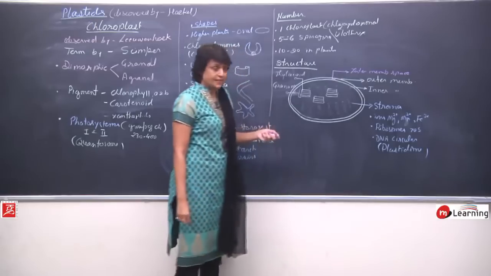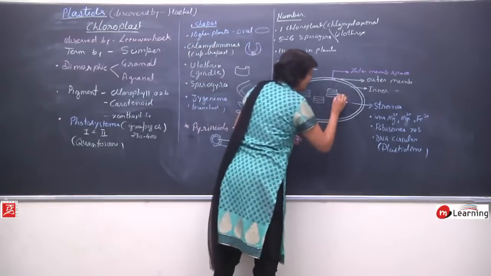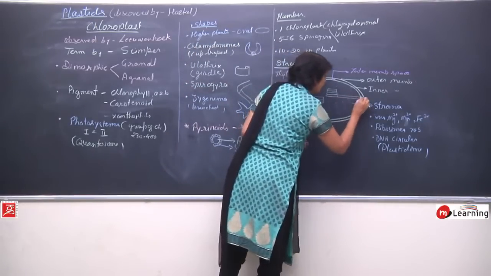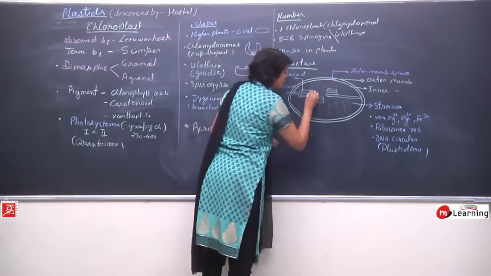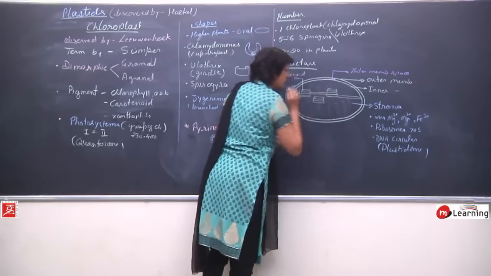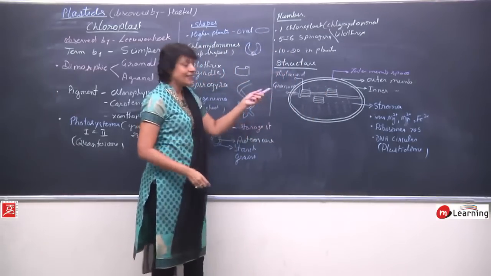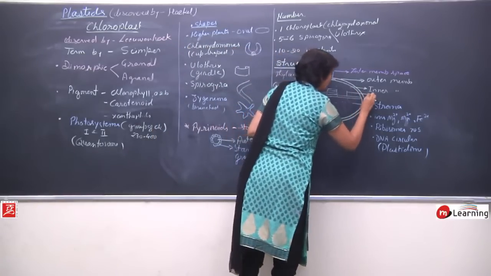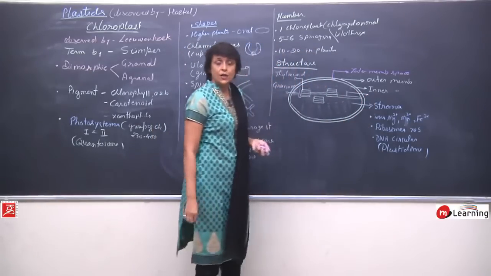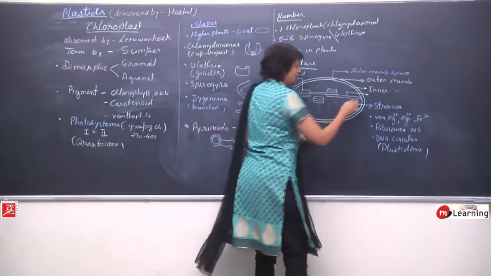At some places, these grana are still connected with the inner membrane. Plus, these grana are also interconnected by membranes. These connecting membranes are known as stroma lamellae or frets.